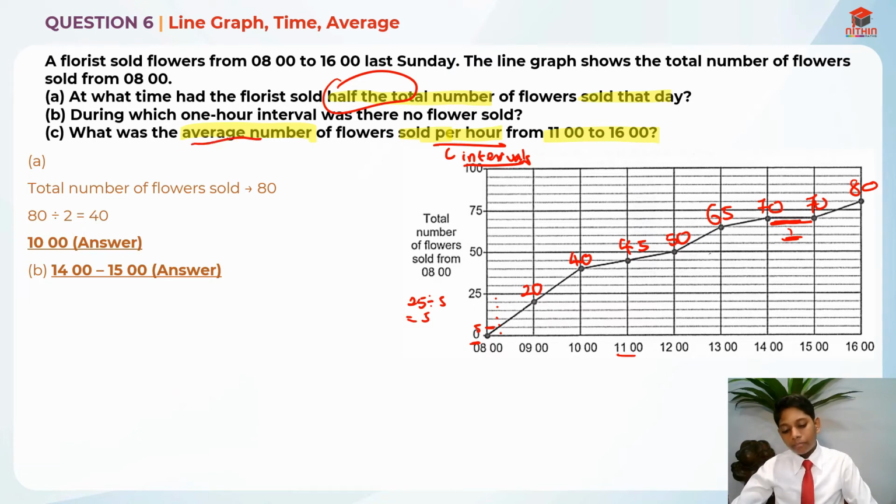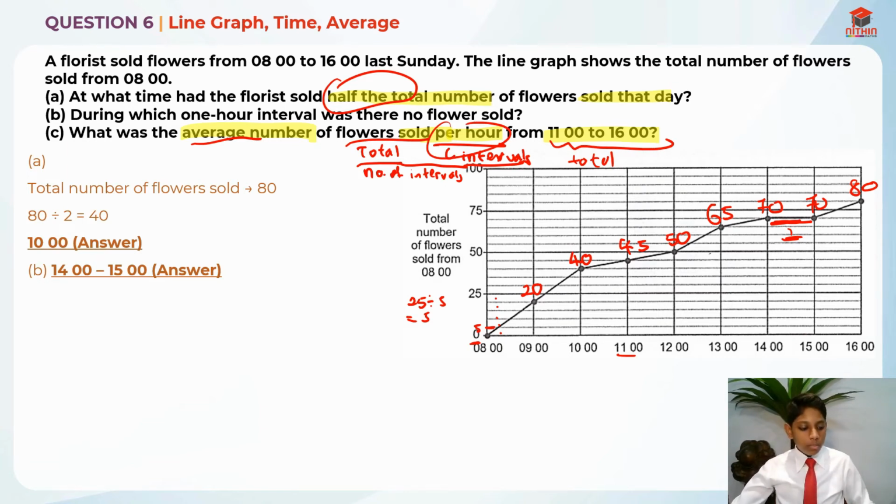Average is basically when you take the total, in this case the total for 1100 to 1600, over the number of intervals, in order to find the average number of flowers sold per hour.